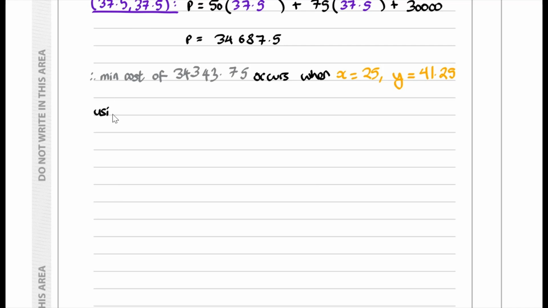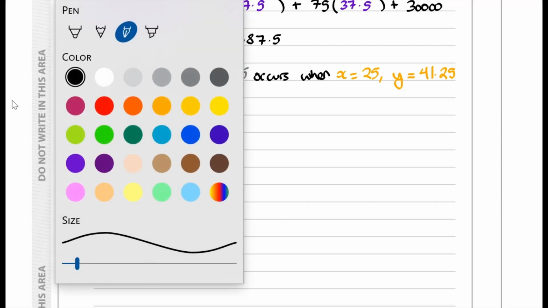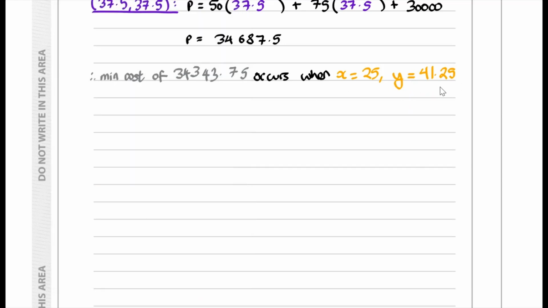Using equation 2, which, just as a reminder, z equals 150 minus x minus y, using these x and y values, well, actually, it's a better way to explain it. Remember, cabinets must be whole numbers. You can't have a fraction of a number.